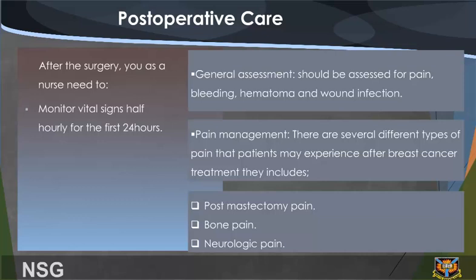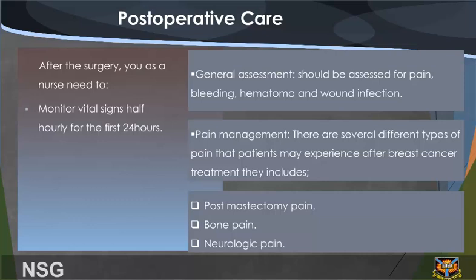Post-operative care. After the surgery, you as a nurse need to monitor vital signs half-hourly for the first 24 hours. General assessment should be done for pain, bleeding, hematoma, and wound infection. Pain management. There are several different types of pain that patients may experience after breast cancer treatment.